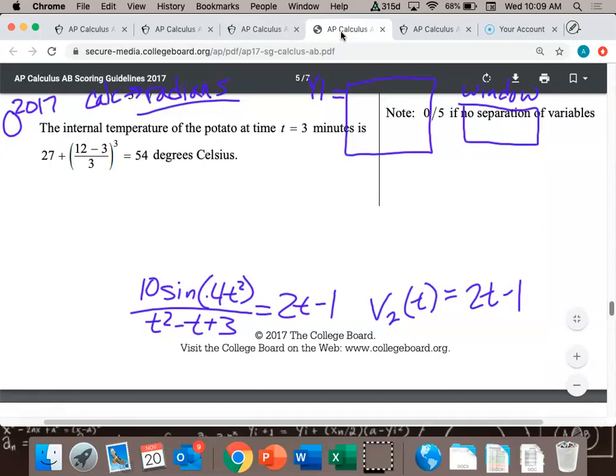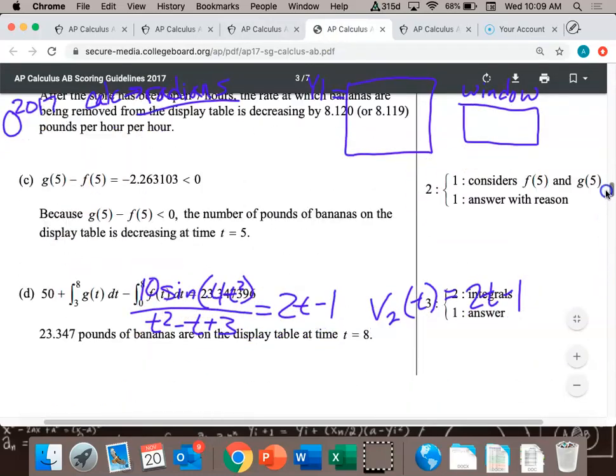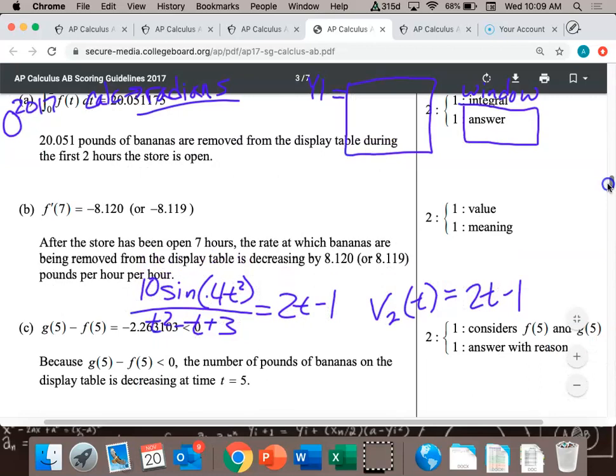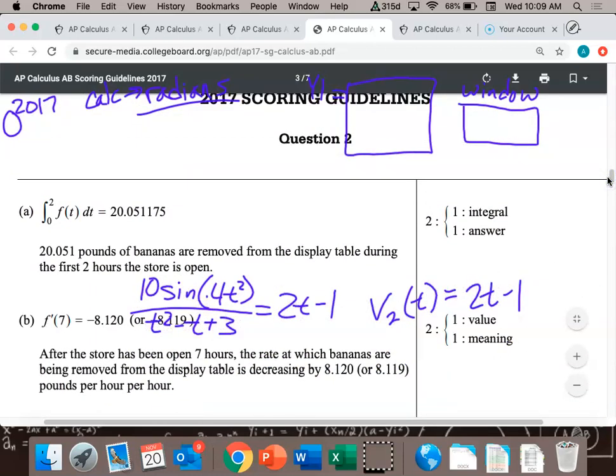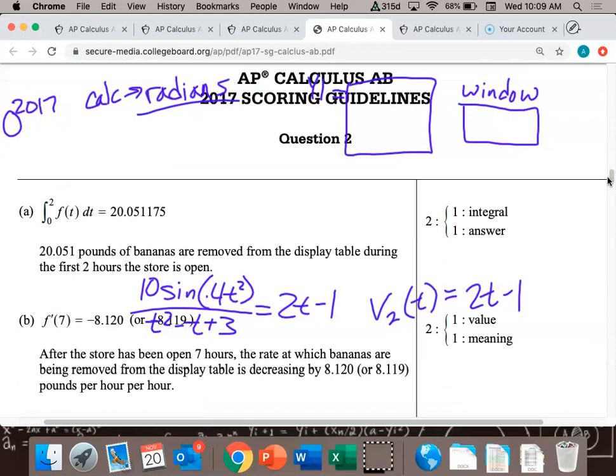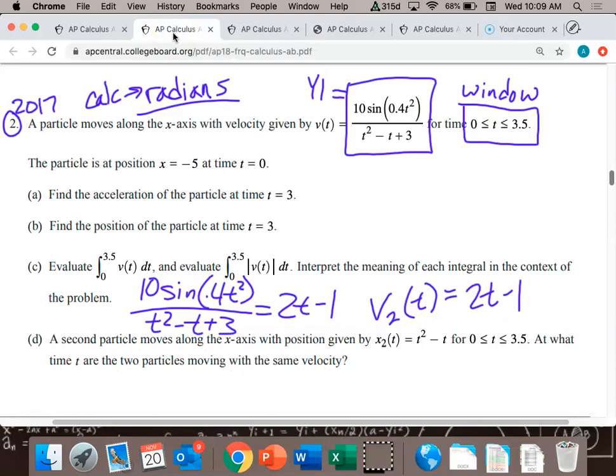Here, scoring guidelines. Okay. Wait. Oops. Is this 2017 or 2018? Oh, you know what? I lied. It says 2017. I wrote 2017, but I think I lied. I think it's 2018. I think it said 2017.